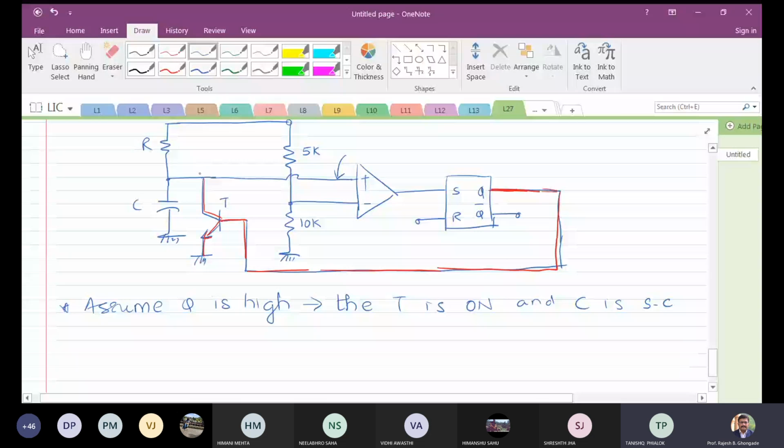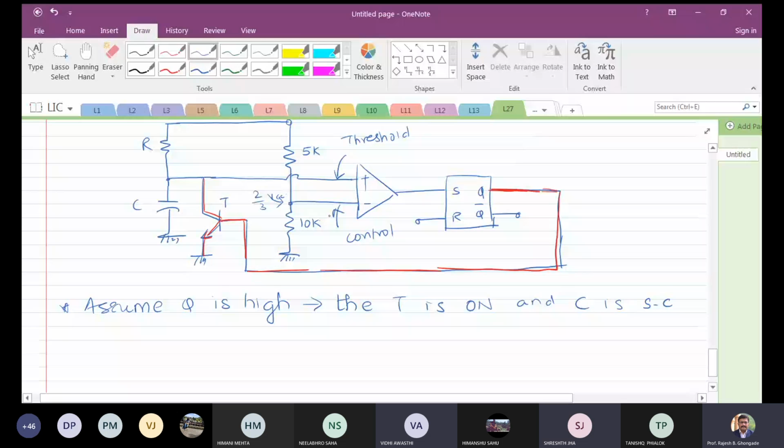So this is the non-inverting terminal. Here it will be called the threshold voltage, and here we'll call this the control. Inverting is tied to 2/3 VCC. That's fine. But non-inverting is actually the voltage across the capacitor.